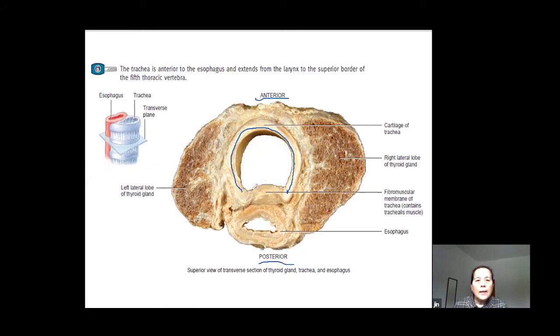Then you can see behind it, it is still connected with the cartilage, but this part is not cartilage. This part is muscular, basically smooth muscles in there.